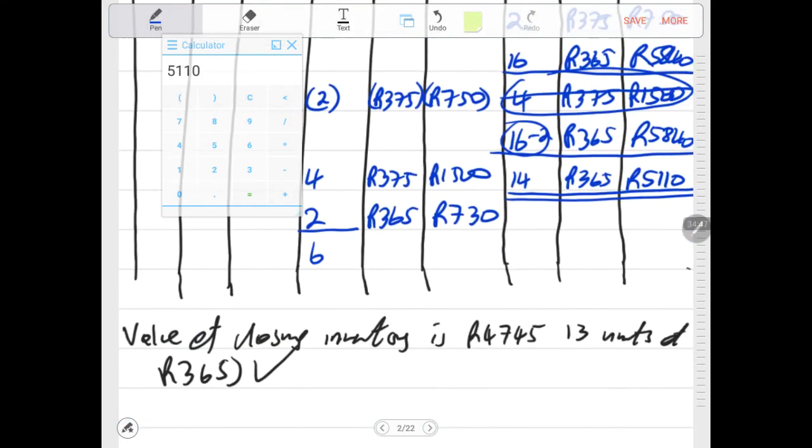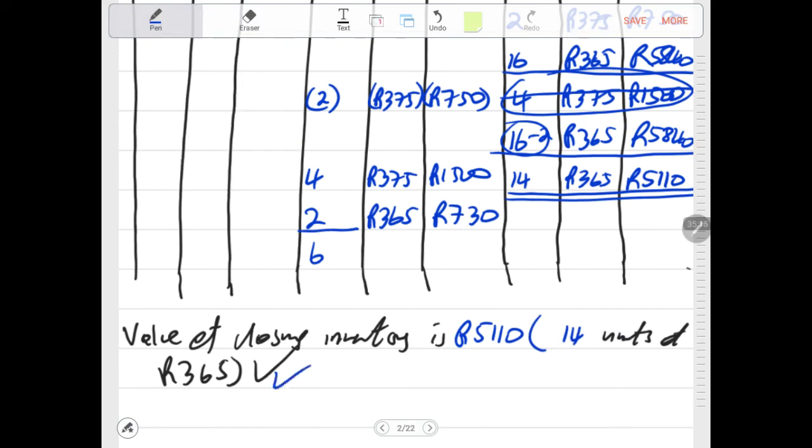So now to answer the question, we have to specify the value of the closing inventory and how many units. Value of the closing inventory is 14 units by 365, meaning value of the closing inventory is 5,110, which is 14 units at 365, friends.